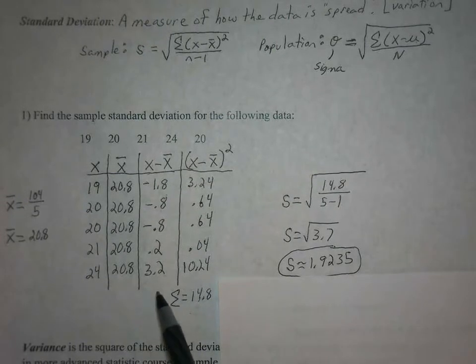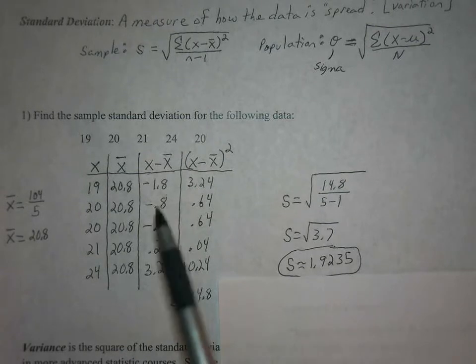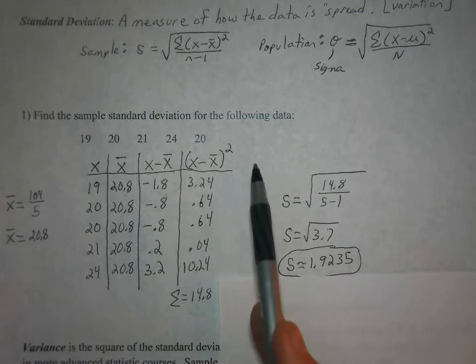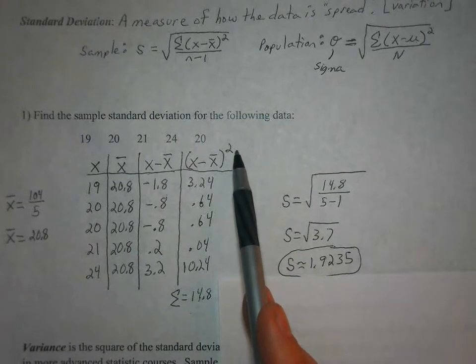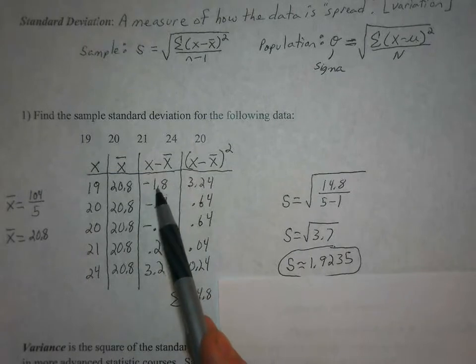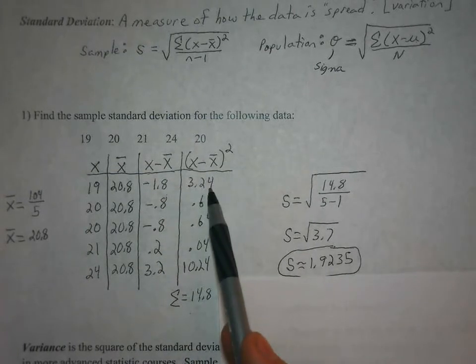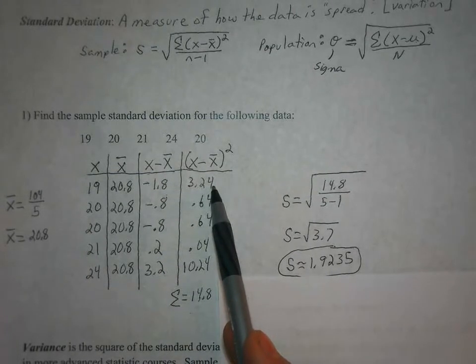Okay, so if we think about this in terms of distance from the mean, we want to make those negatives a positive. Well, the way that the standard deviation does it is it squares those differences. So when you do negative 1.8 squared, you get positive 3.24.